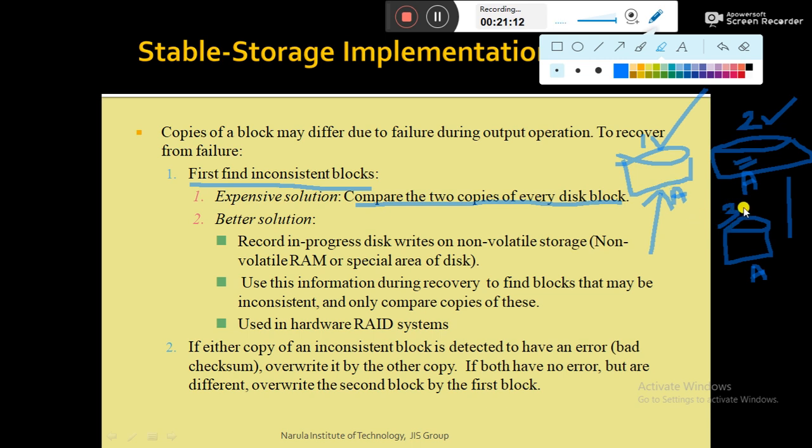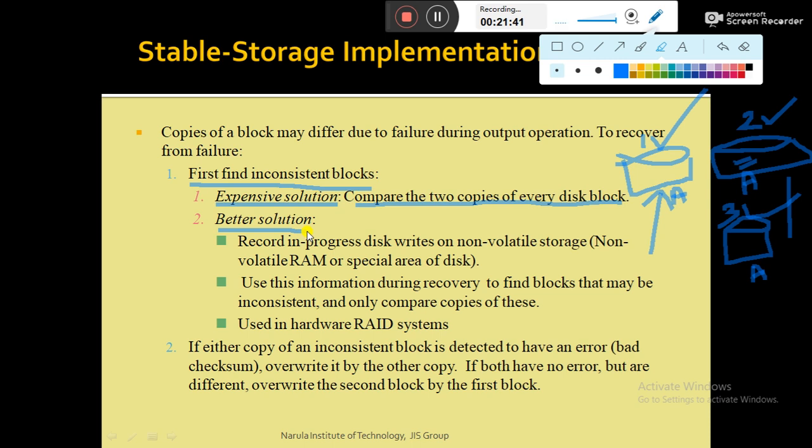Similarly, disk 3 is compared with disk 1, and if a mismatch is found, then disk 3 has some inconsistent data. But this is an expensive solution. Comparing a whole disk with another disk is very time consuming and incurs maximum overhead. It is a very difficult, tedious and expensive job. So we have a better solution.